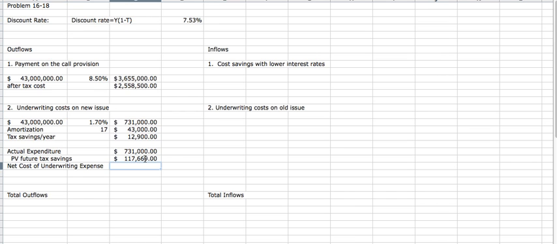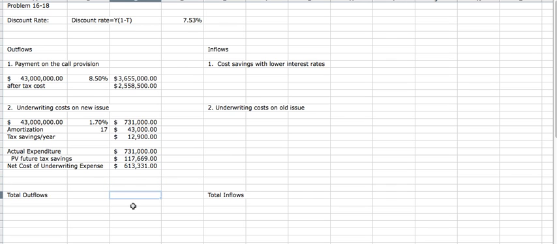The net cost of my underwriting expense then would be $731,000 minus the present value of future tax savings. Our net cost of the underwriting expense then is $613,331.